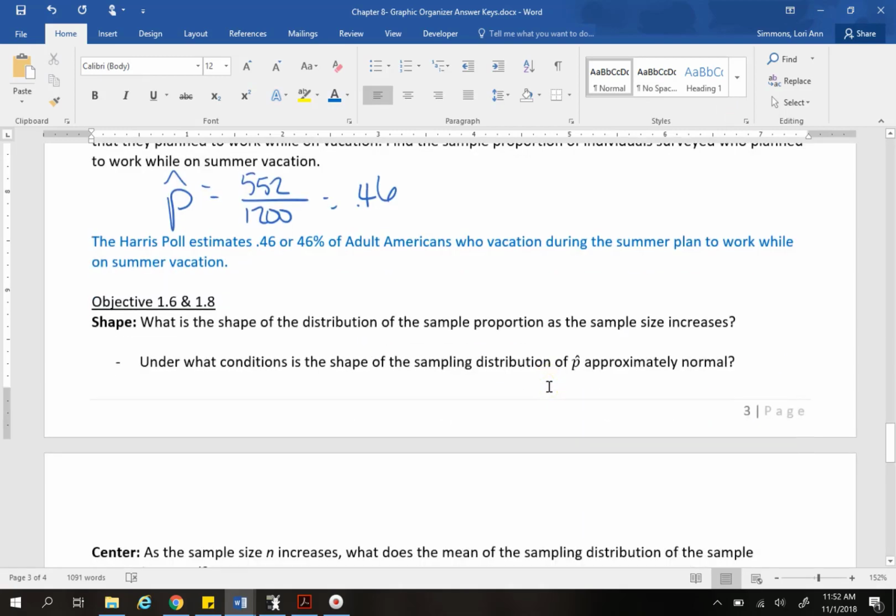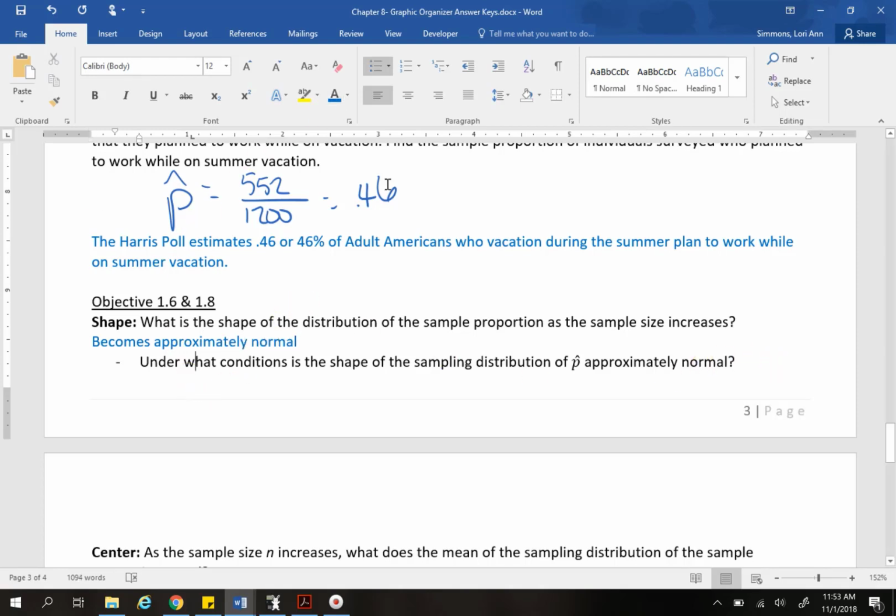Just like the sample mean, for the sample proportion, we are going to describe the shape, center, and spread. This is very similar to what you learned in 8.1. What do you think the shape of the distribution of the sample proportion is going to be as the sample size increases? It's going to become approximately normal.